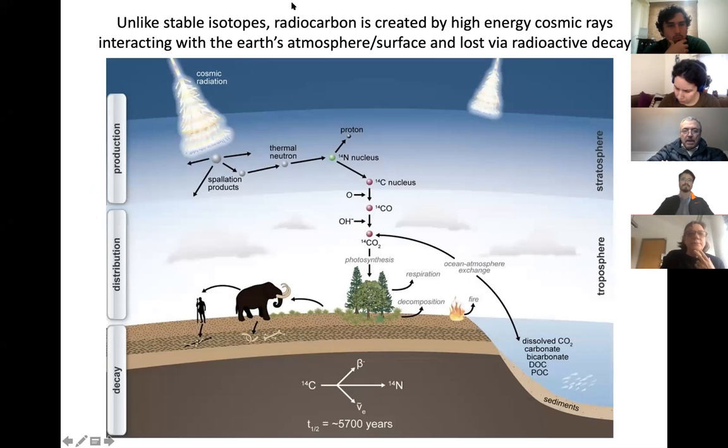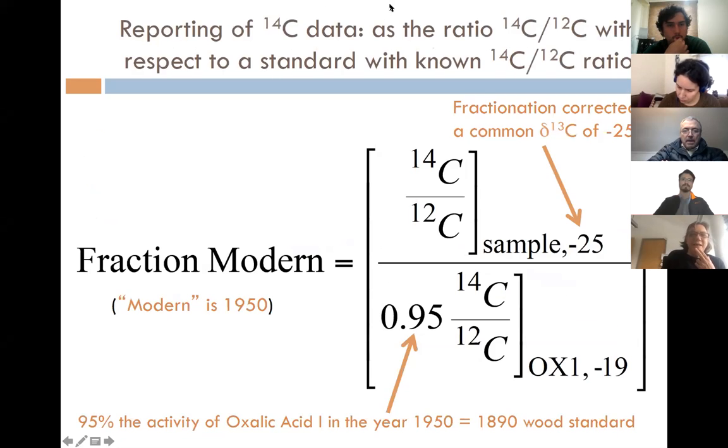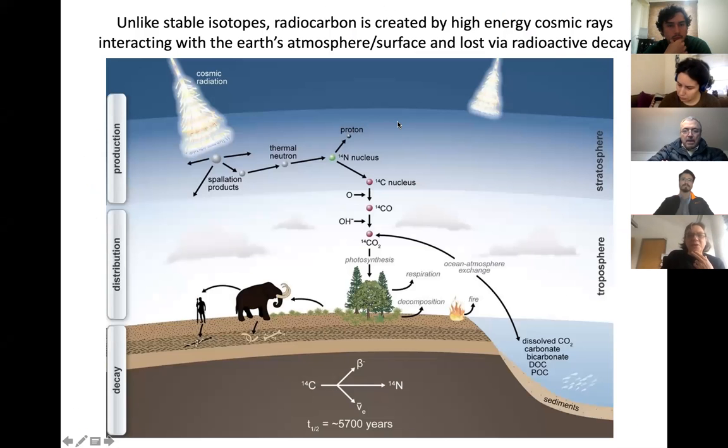Okay, now on to radiocarbon, which is the main topic here. The difference between radiocarbon and stable isotopes is that stable isotopes are created in the center of stars and their values are fixed. They can move around between reservoirs, but there will always be the same amount of carbon-13 and 12 on Earth.